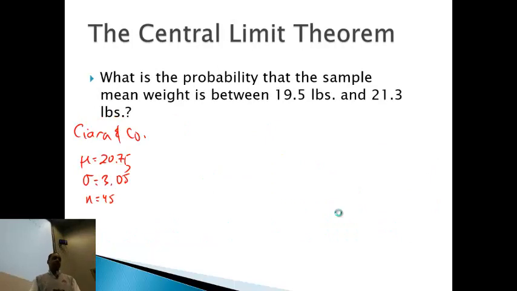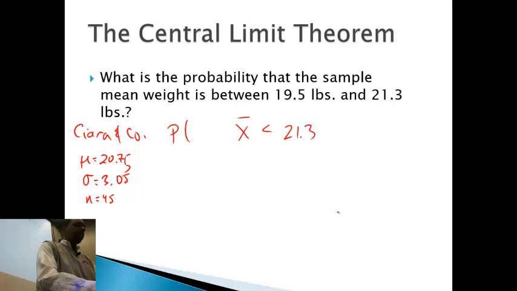Next, Sierra and Company. You guys, I want to say this is an easy one, but it kind of is an easy one. So yeah, the probability that X bar is between 21.3 and 19.5. Well, you do the z-score for each one.